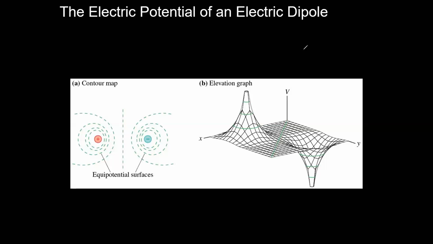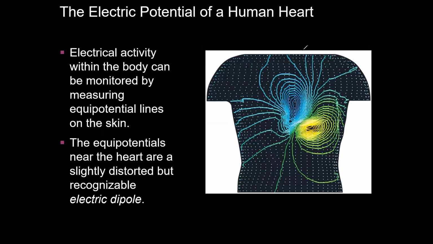Okay, so those are some neat visualizations about the electric potential, and this final slide is kind of interesting because it shows that bioelectricity is active from the human heart, and also the brain can do these sorts of similar pictures. You can map the electric potential.